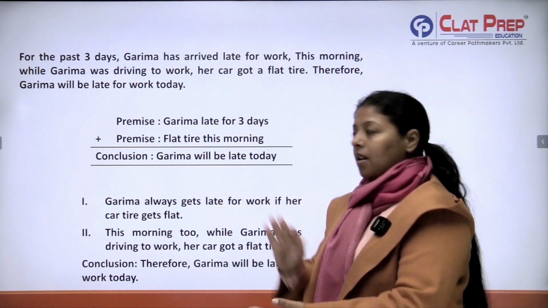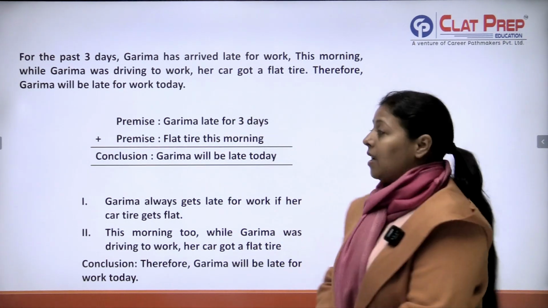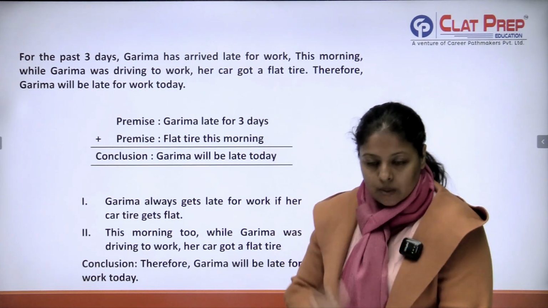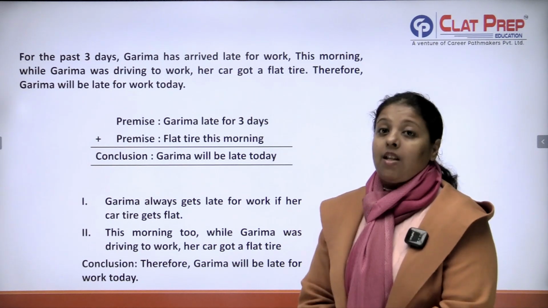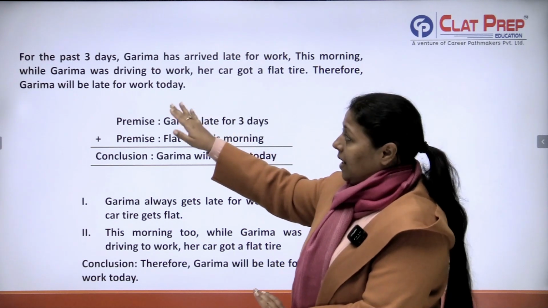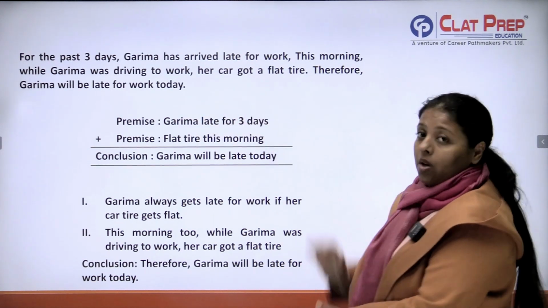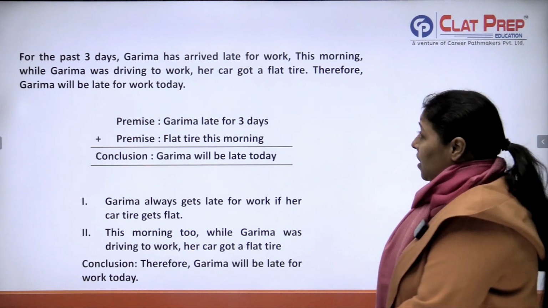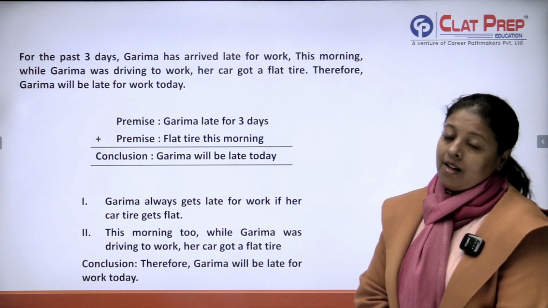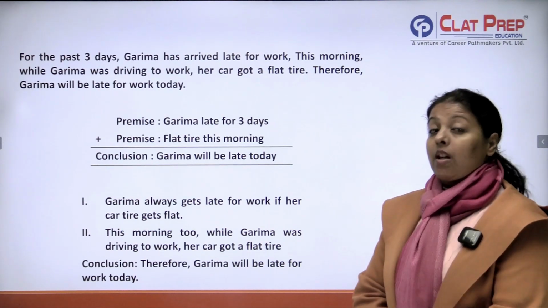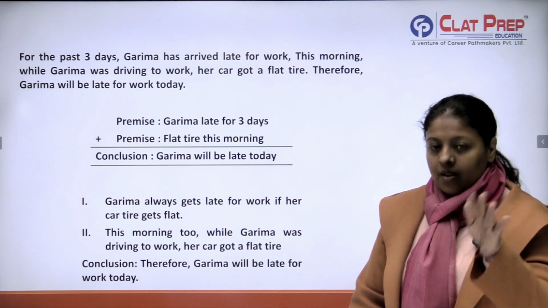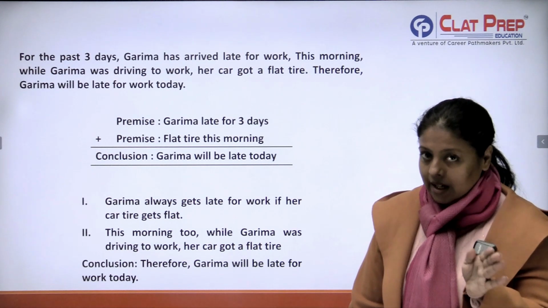Premise first tells us Garima has been going late for 3 days. Premise second tells us that because of a flat tire, a punctured tire, while Garima was driving to work today, her car got a flat tire. The conclusion says Garima will be late for work today. Can we conclude this with 100% certainty? For the last 3 days, she was going late.